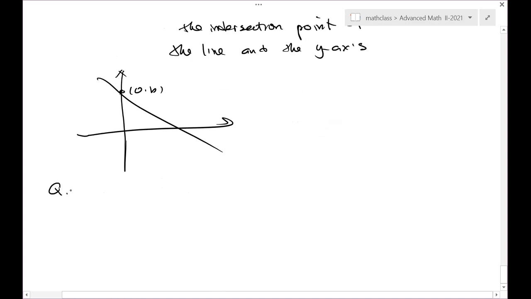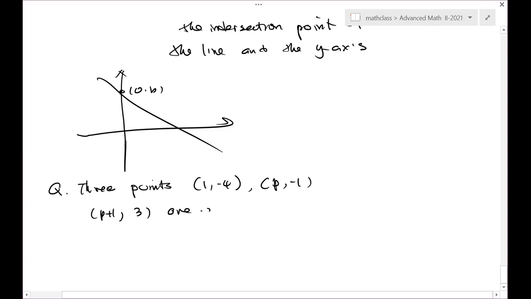Okay, here's a question. Let's try. The three points (1, -4), (p-1, ?), and (p+1, 3) are on the same line.